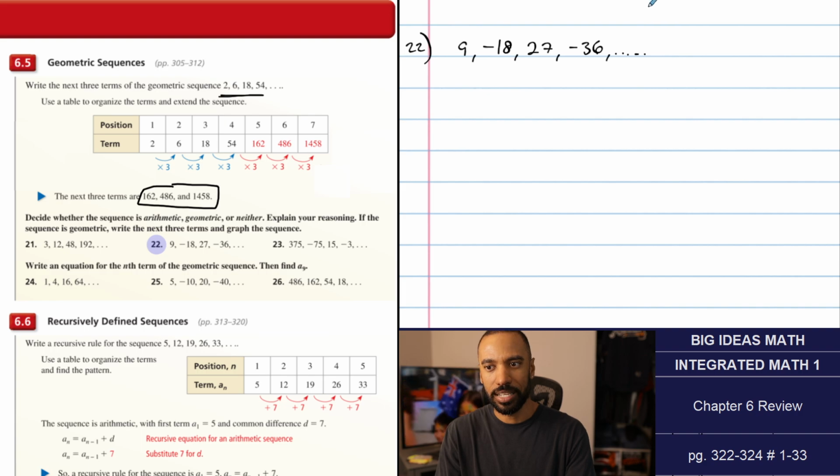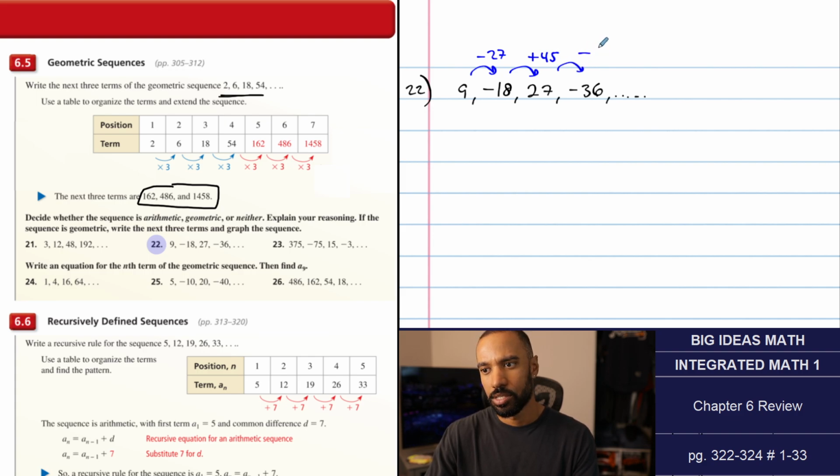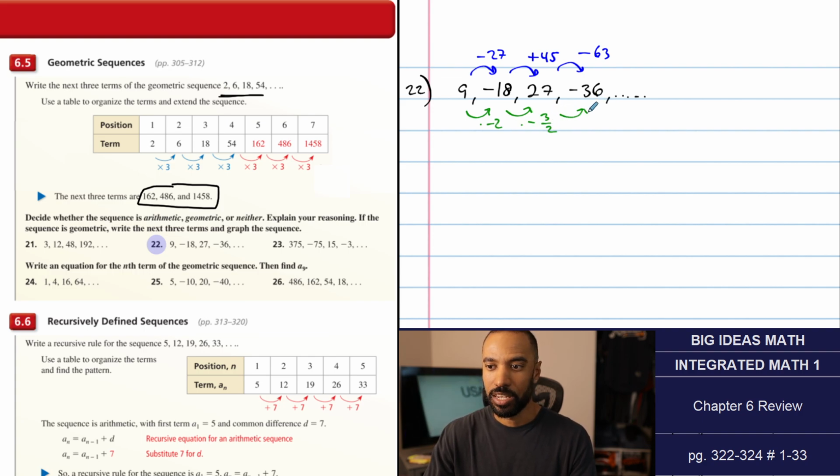If you truly want to test arithmetic versus geometric, here's why it's not arithmetic. We do minus 27, and then we do plus 45, and then we do minus 63, and there's no common difference. And then here we do times negative 2, and then times negative 3 halves, and here we do times negative 4 thirds.